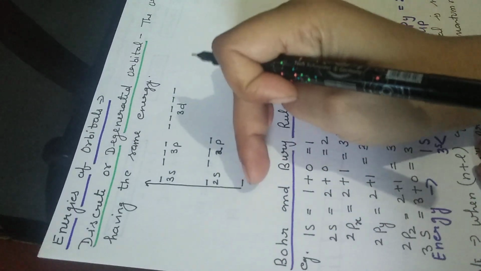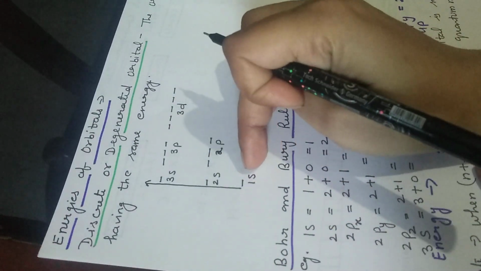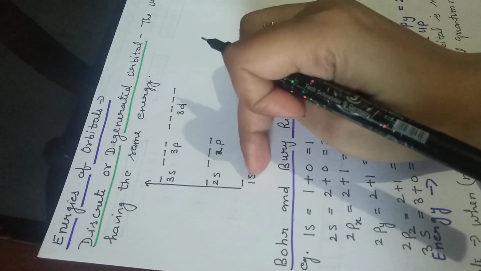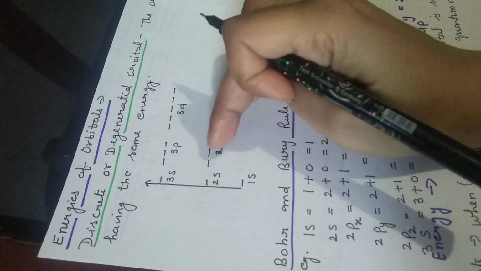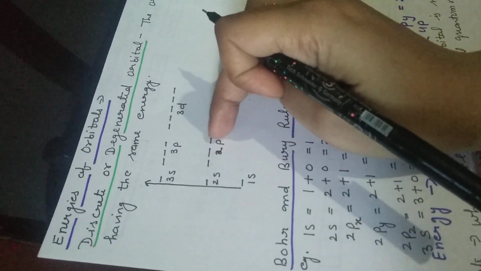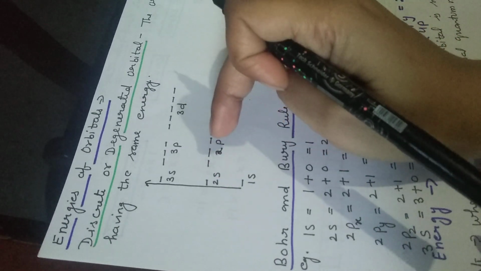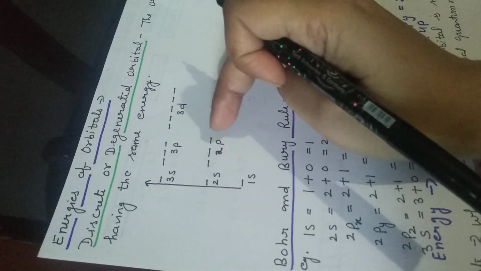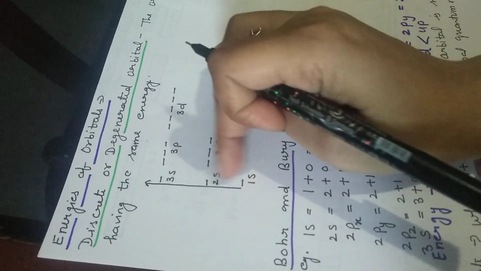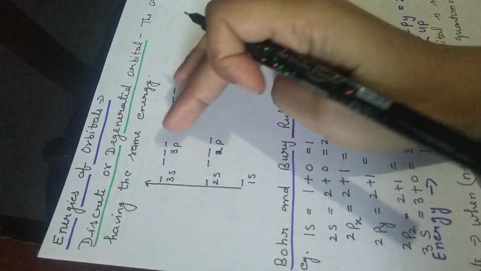Suppose an electron is moving in the 1s orbital. When it gets energy, it will jump into the second orbital or second shell, and if it gets more energy, it may jump from 1s into the third shell.